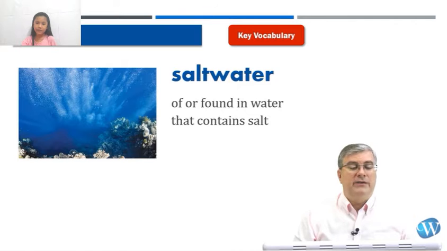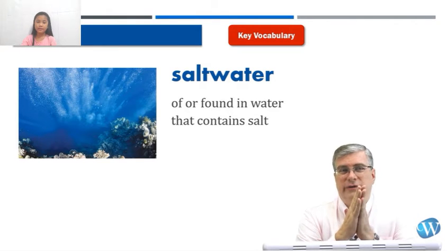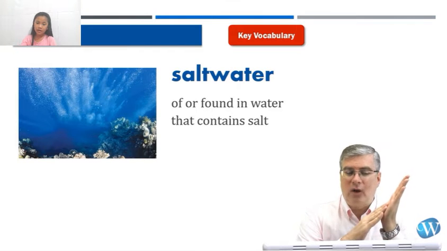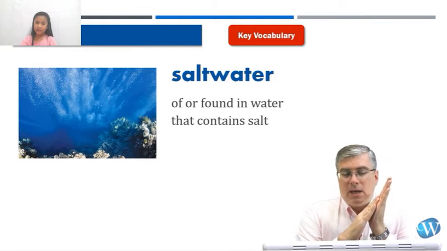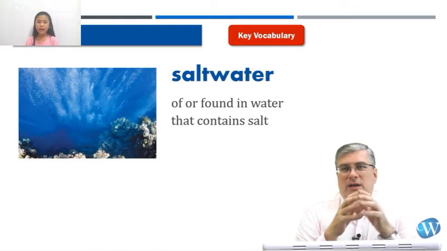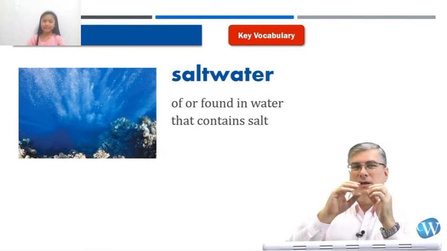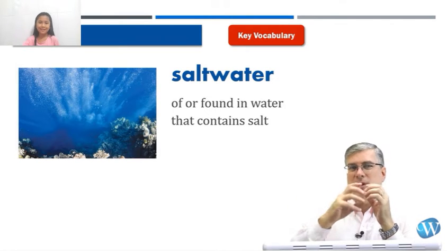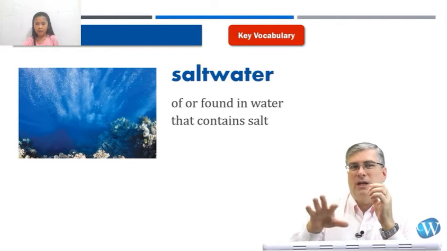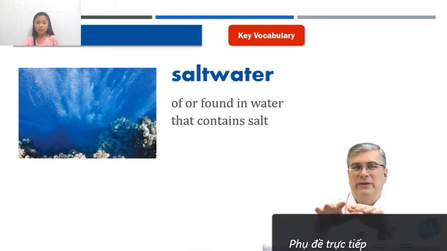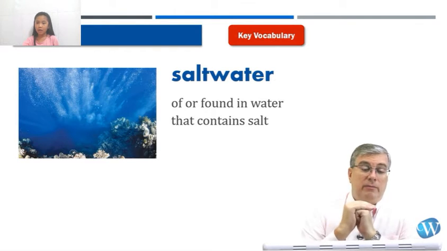Okay, our next word, what do we have here? We have salt water. Salt water means water that contains salt. Salt water basically means water that is outside, and of course there's a lot of salt water naturally.